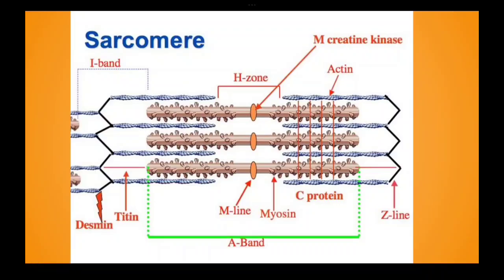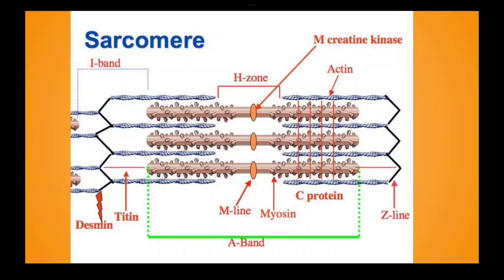That whole unit is called a sarcomere. These zigzag lines are called Z lines. From the representation you can see they are Z shaped discs. That is how it is observed under the microscope as well, because they are like Z discs. They are named Z lines.